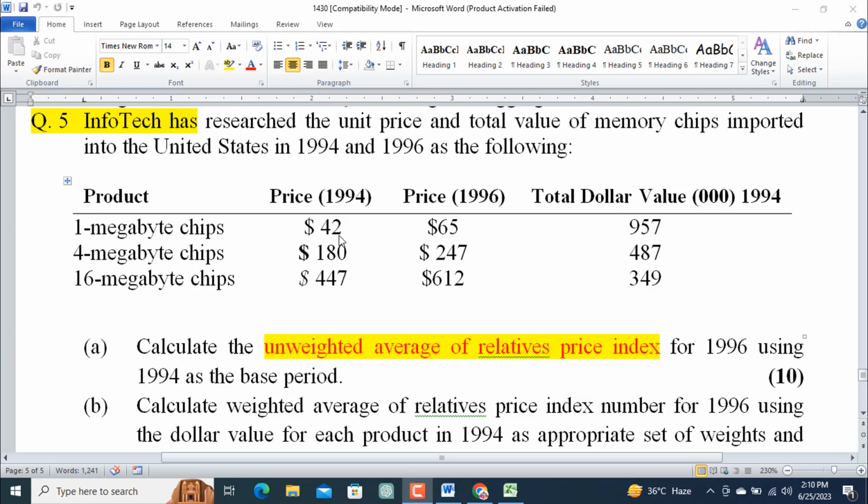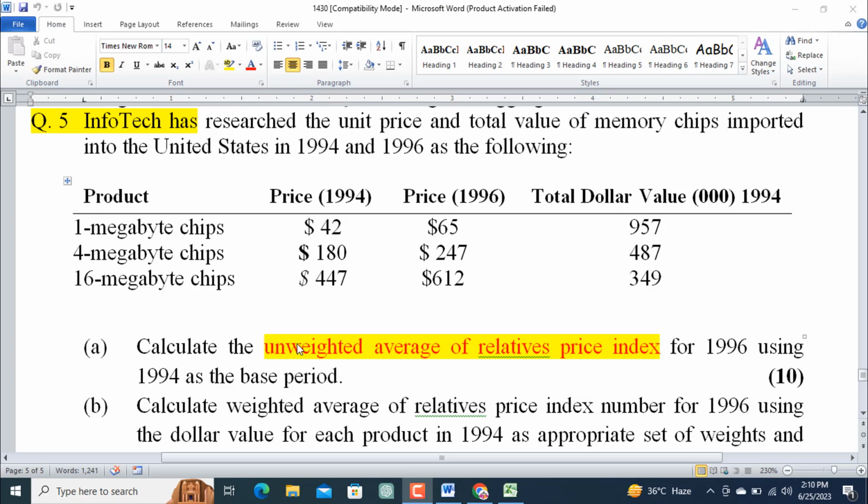For 1994 the price is $42, $180, $447, and for 1996 $65, $247 and $612, and this is the total dollar value of all three chips for 1994: 957, 487, 349. Now the first requirement is here: calculate the unweighted average of relative price index for 1996 using 1994 as the base period.